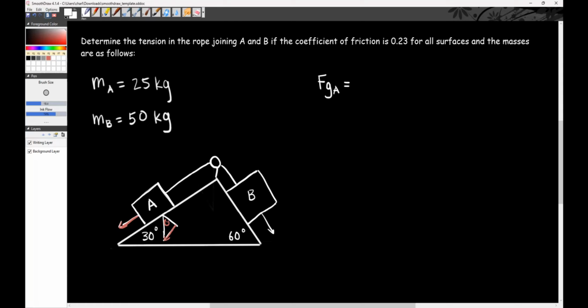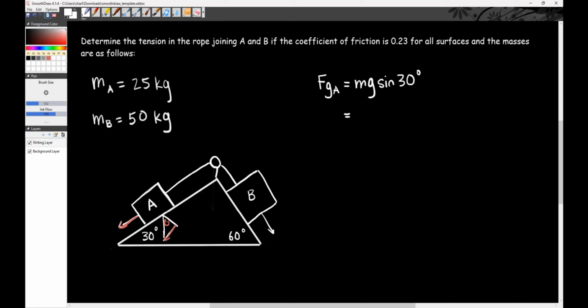But I'm just going to do a fast way, which is you take mg and then you multiply it by sine theta, which in this case is 30 degrees. But if you want to know how I got this, you can just use sine 30 and find what that's equal to, and then solve for the force of gravity. So next thing you want to do is to plug in some numbers.